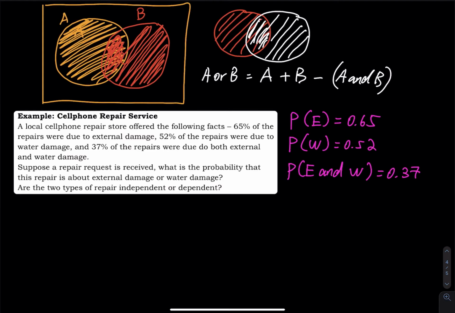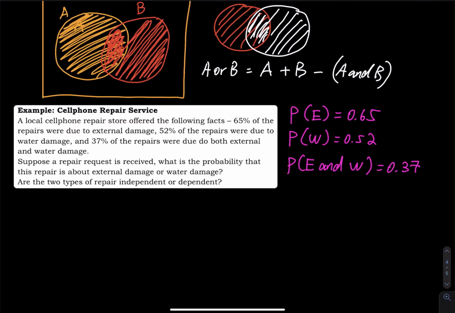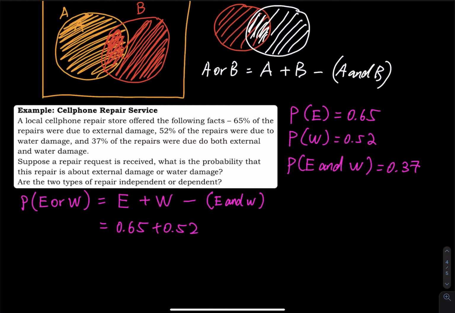What I am looking for is: we receive a request, what is the probability that the repair is about external or water? So that is the probability of E or W. A or B equals the probability of A plus the probability of B; it's not really B, it's plus the probability of W, minus both, which is E and W. So you plug it in: 0.65 plus 0.52 and then minus 0.37.